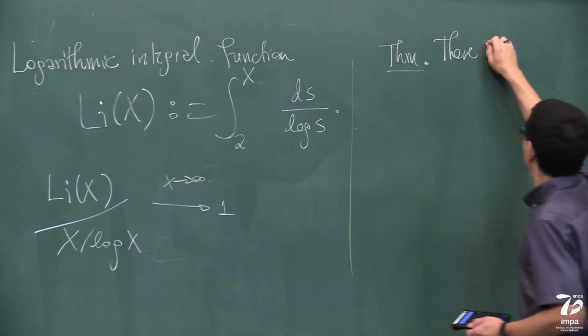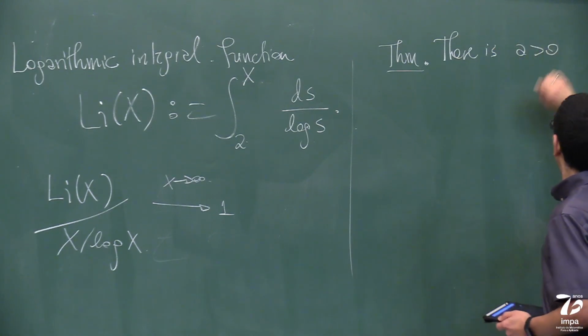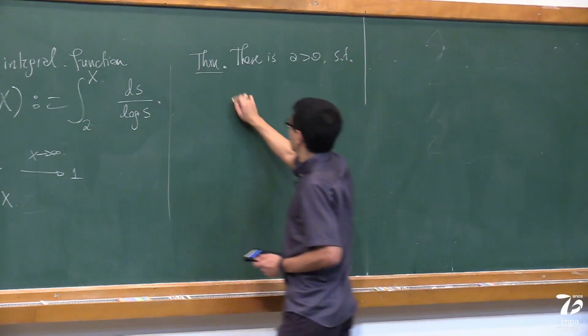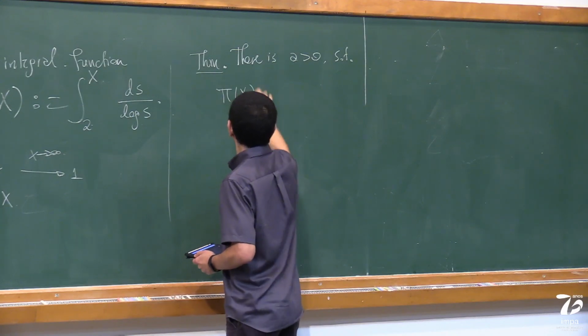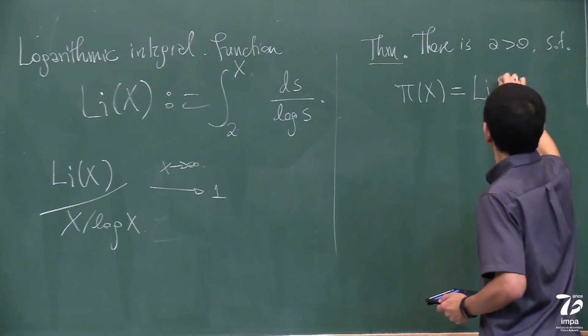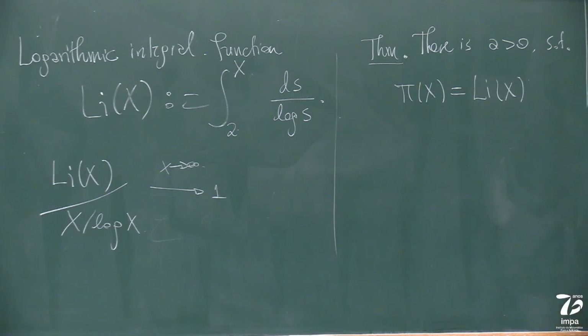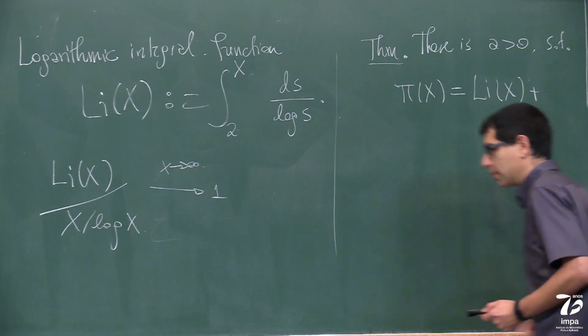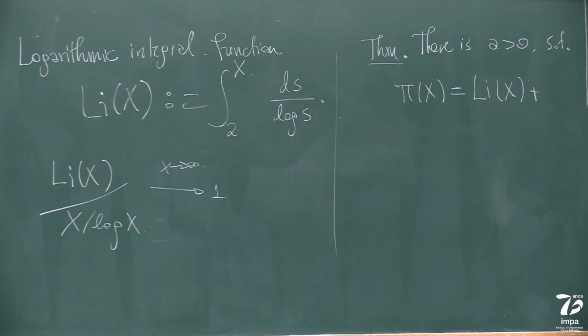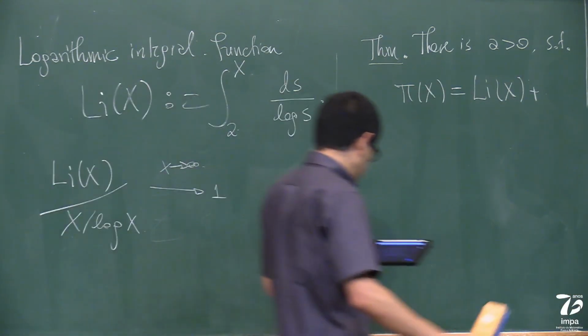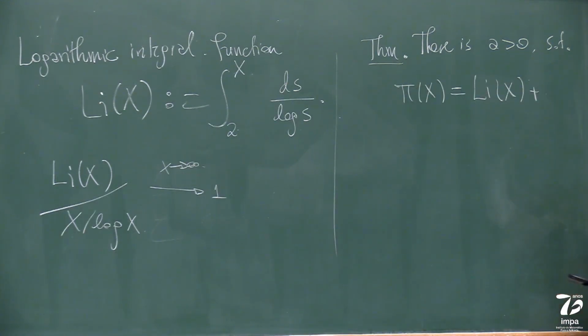There is some constant a, so that the prime counting function is equal to the logarithmic integral plus some horrible error that doesn't really matter, but I just want to write it to make a point later. So some error that crucially is smaller than the logarithmic integral. Okay, so that's the main point.